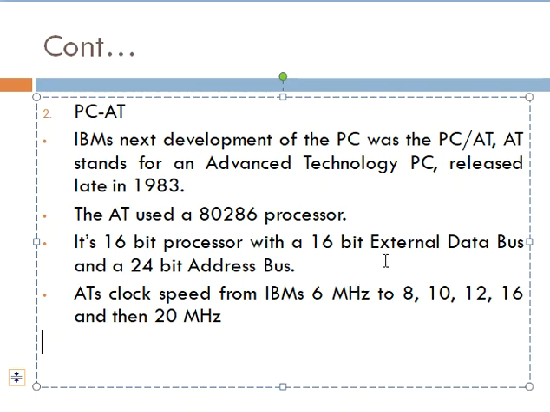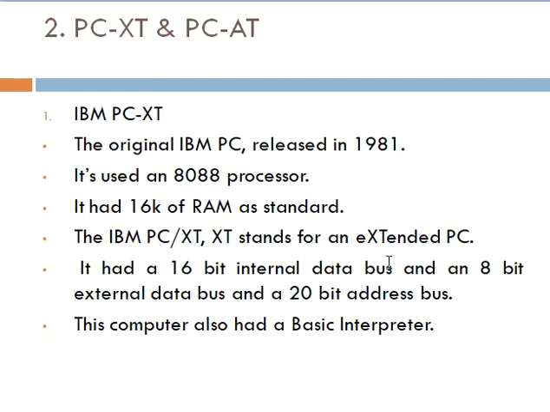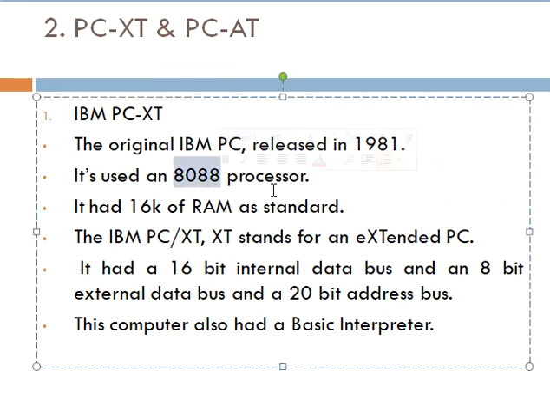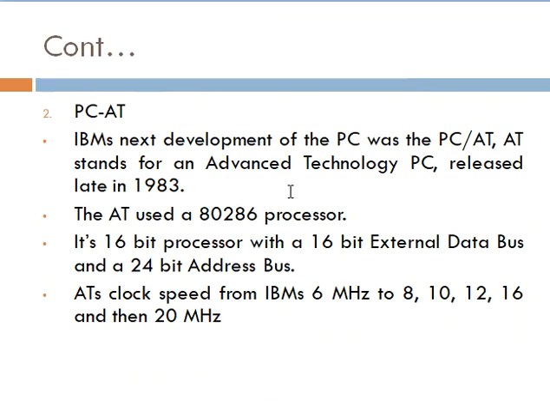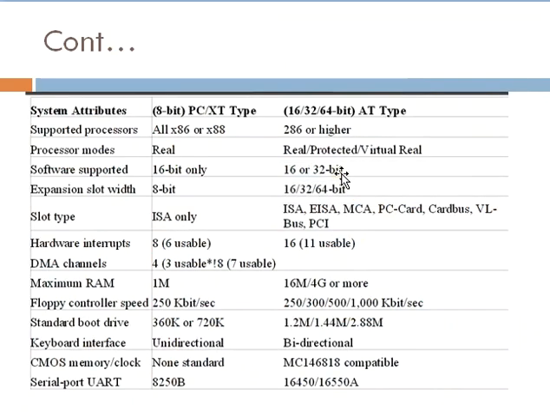So this is the main difference, an important part, the difference between PCXT and PCAT. PCXT is the first development, with the 8088 processor, and PCAT is the next higher version, with the 80286 processor. This is a brief difference between the PCXT and PCAT.